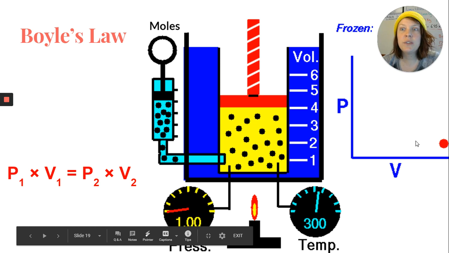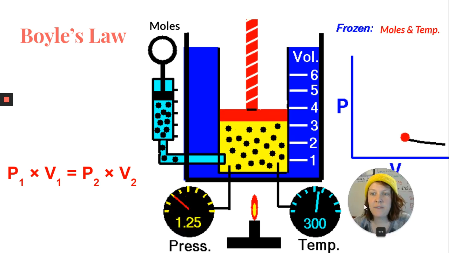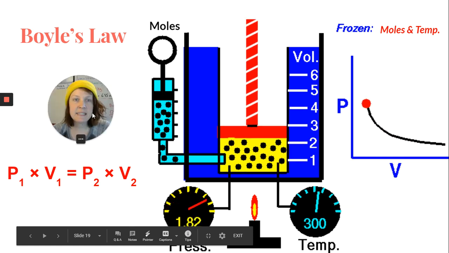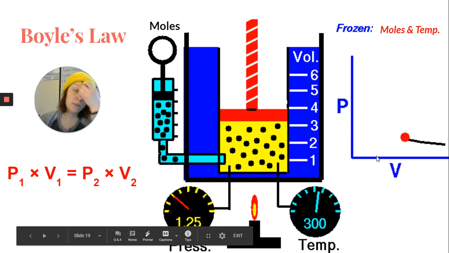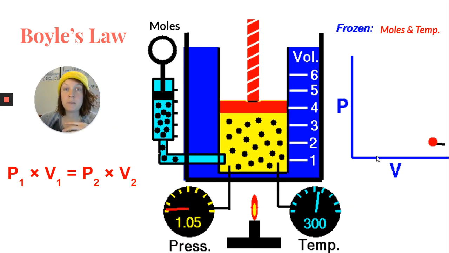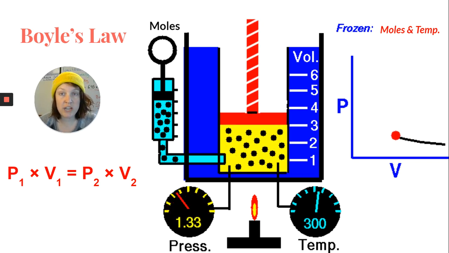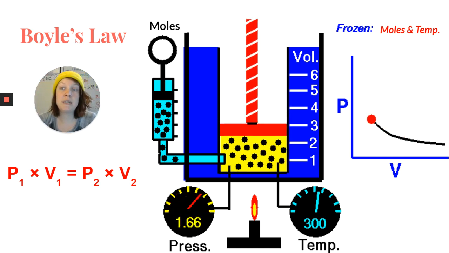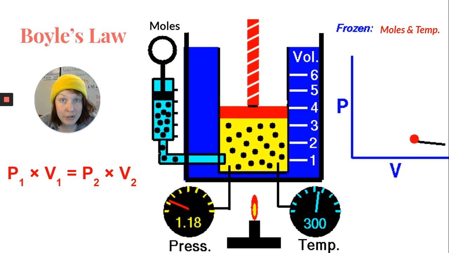I really love this graph here because it shows us a really nice, active response to the change in volume. As we change the volume, we push the piston down or pull it up, you can see that our pressure increases.